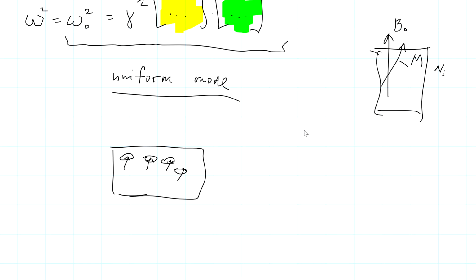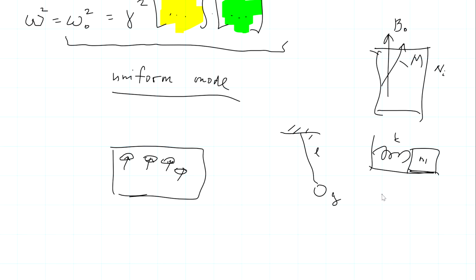So if you remember from your physics course, if you take a simple harmonic oscillator like this, a mass with a spring from the classical mechanics course, M, K, L, G, then there is a frequency at which this thing wants to oscillate, root of K over M, or it can be written down for this one.